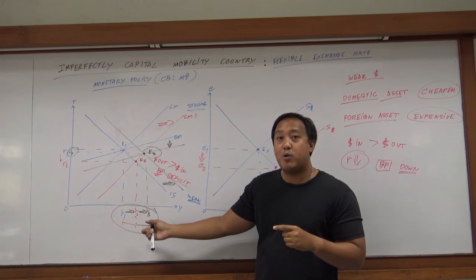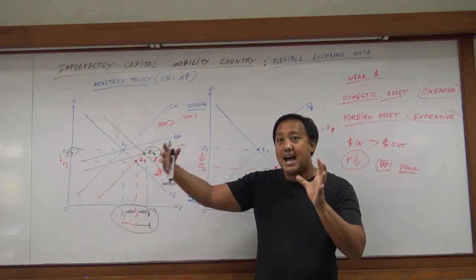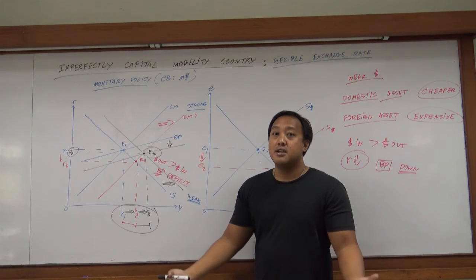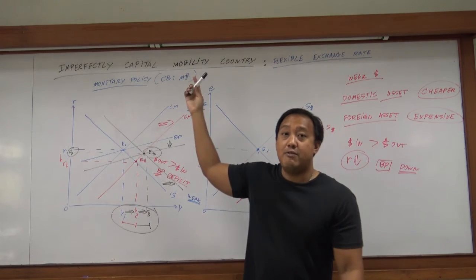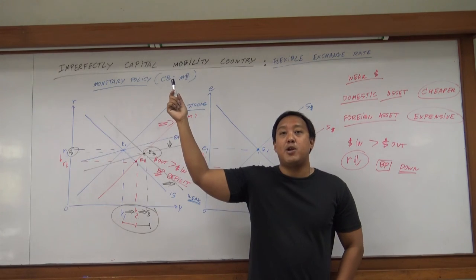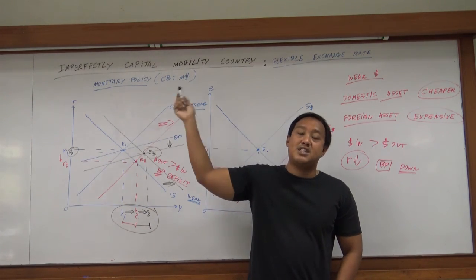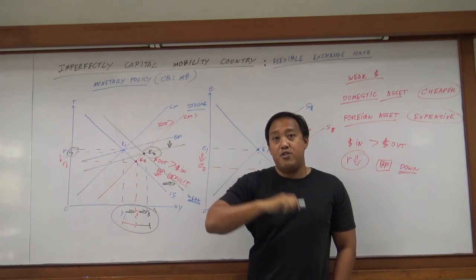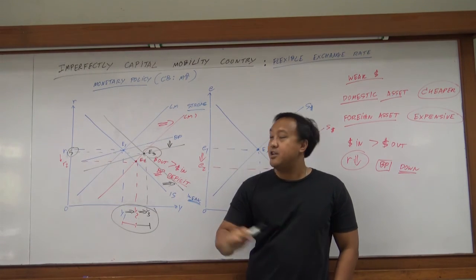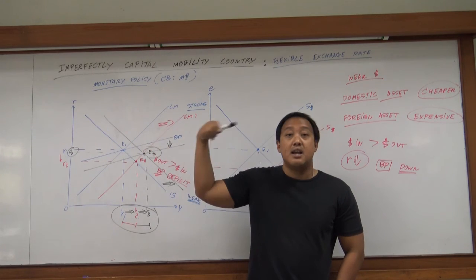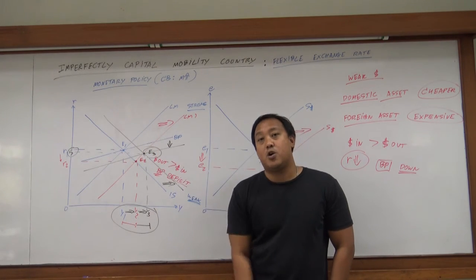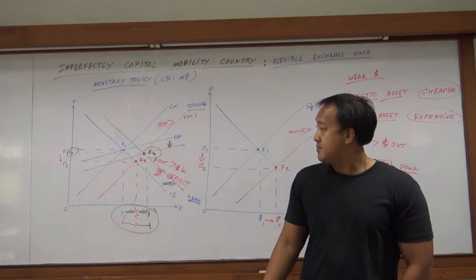So if you are the policy maker in a country with imperfect capital mobility and a flexible exchange rate, you had better use monetary policy rather than fiscal policy. Okay, good.